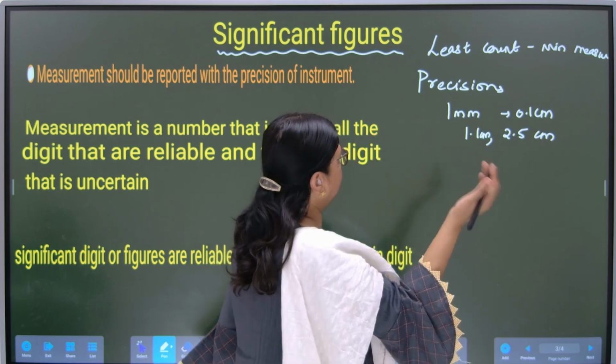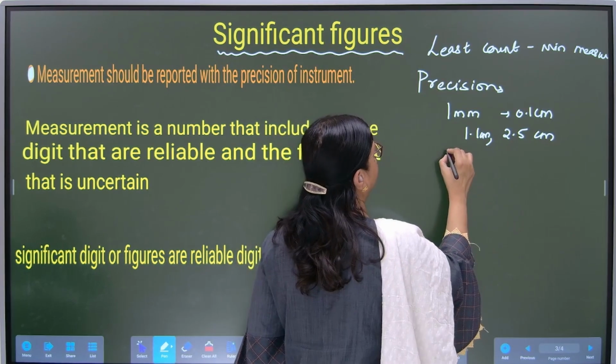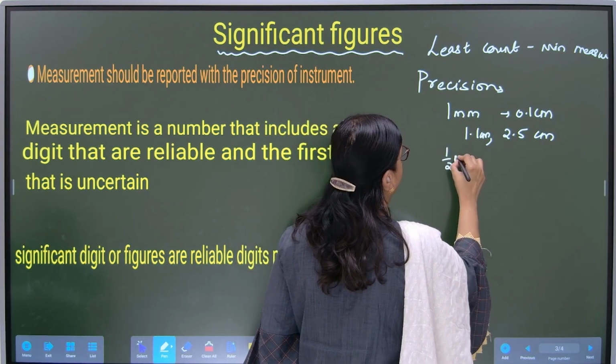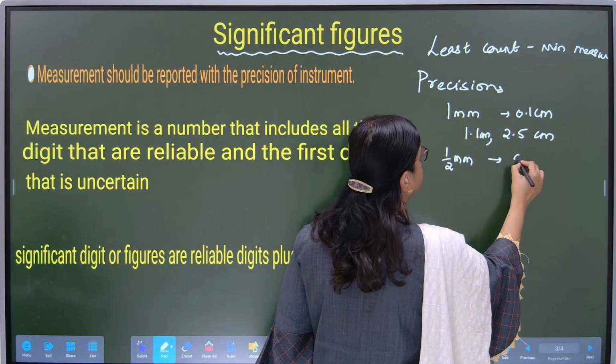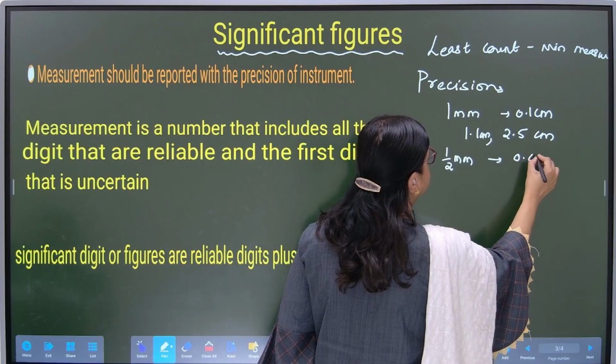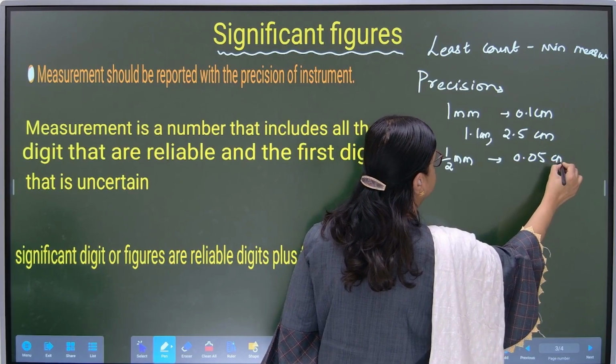Fine. Then I can consider another scale in which the least count is half a millimeter, which is 0.05 of a centimeter.